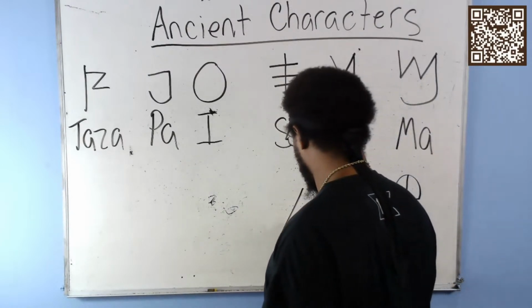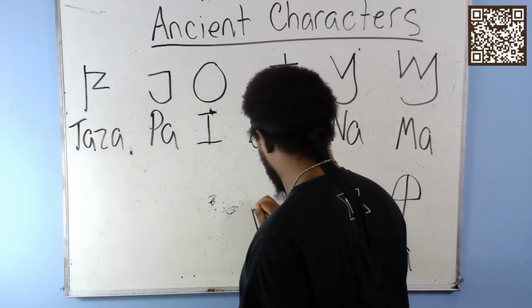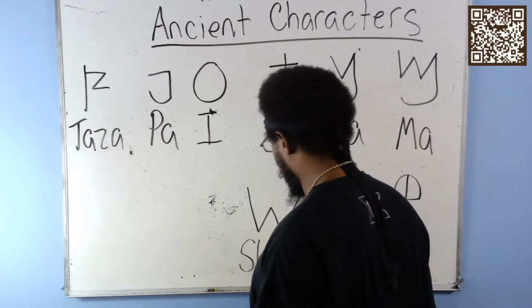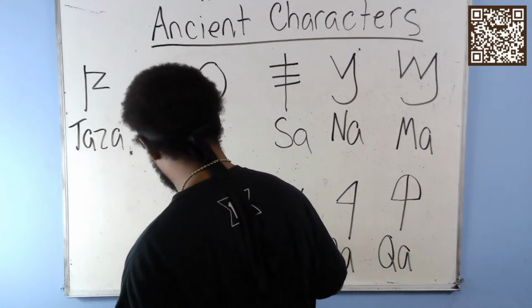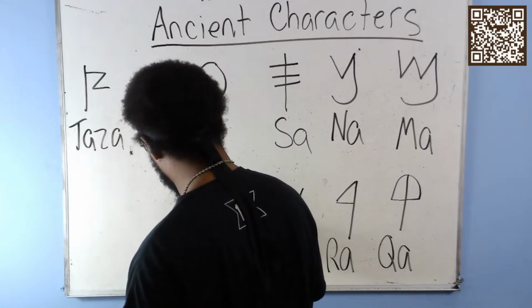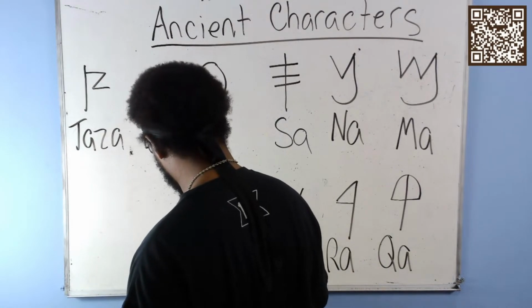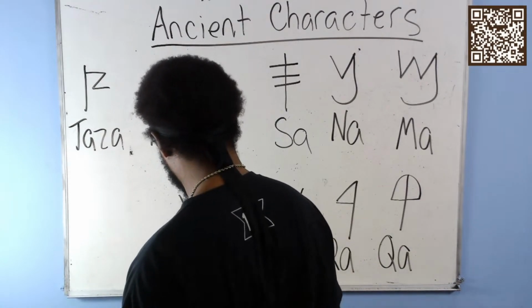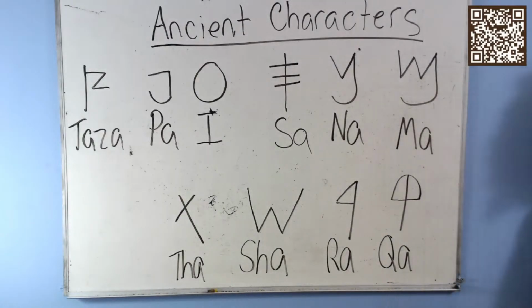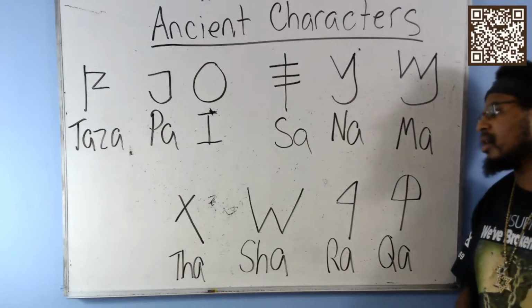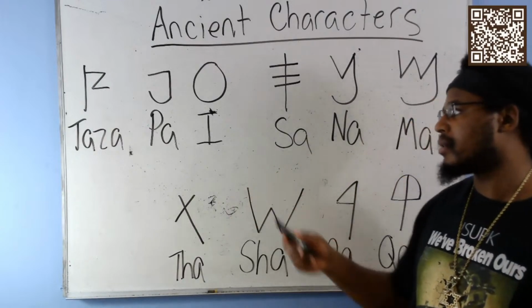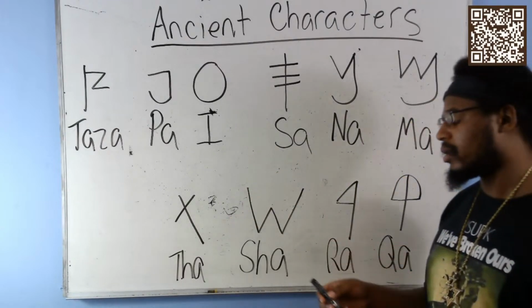Sha. And Tha. So these are all the ancient characters. Ma, na, sa, I, ha, ta, za, kwa, ra, sha, ta.